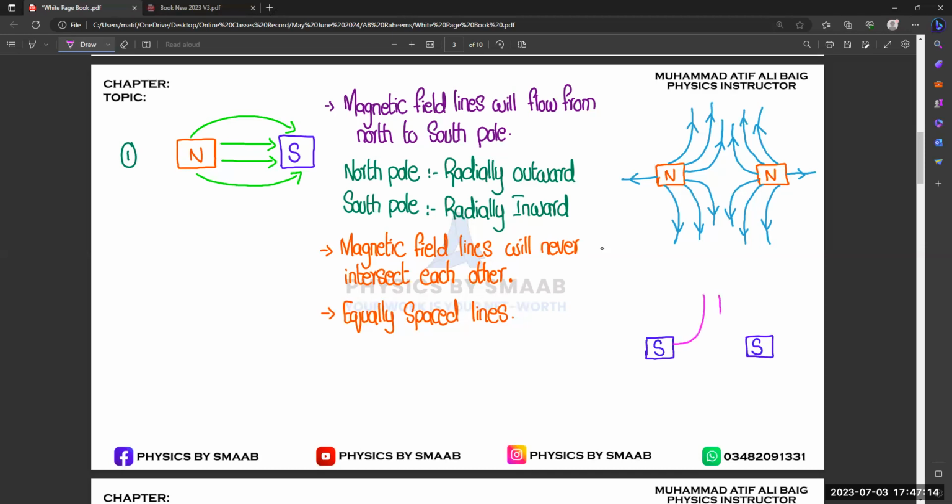So we will draw the same pattern, but the arrows will be in the opposite direction only, like this, radially inward. Again inward, and from the side also inward.